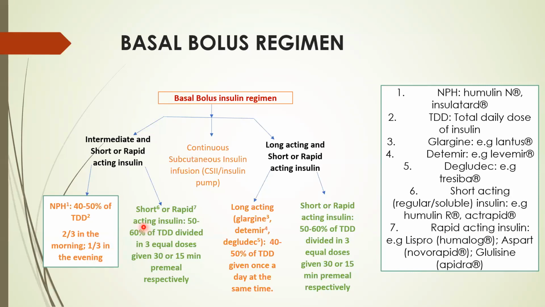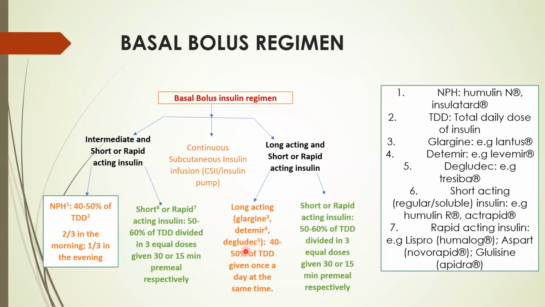The remaining 50 to 60% you use as either short or rapid acting insulin delivered before meals.